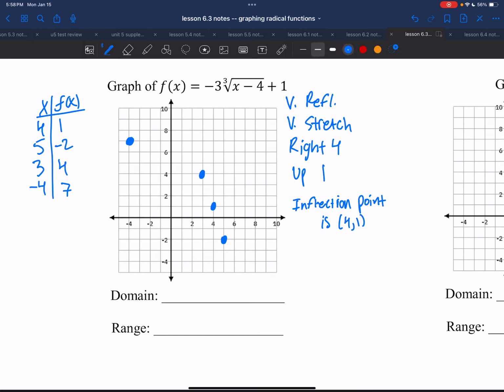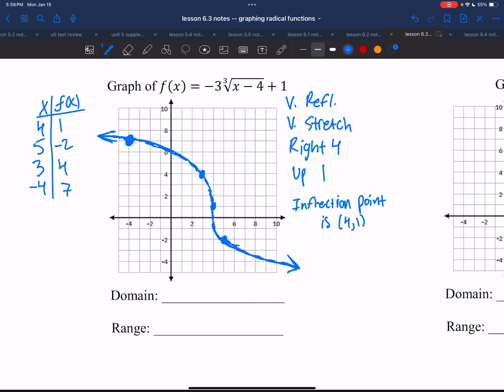So I'm gonna flip my iPad over here, because I always do this, it's easier to draw it like this. So it's gonna kind of come down like this. That's the inflection point right there at 4 comma 1, and then you got to show that concavity changing. Okay, and it goes down like that.